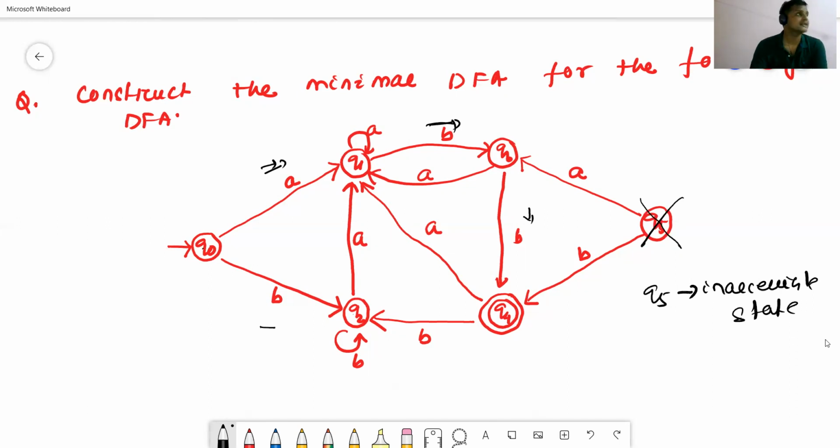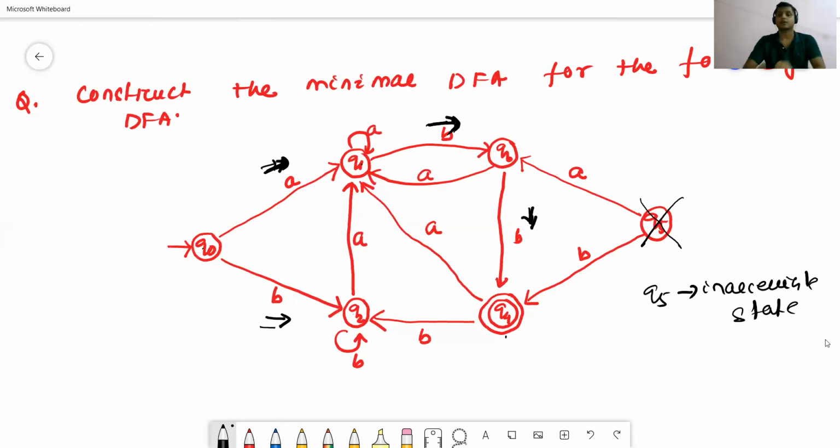See here, Q0 is itself the initial state, and we can reach Q1 using this path, Q3 using this path, Q2 using this path, and Q4 using this path.